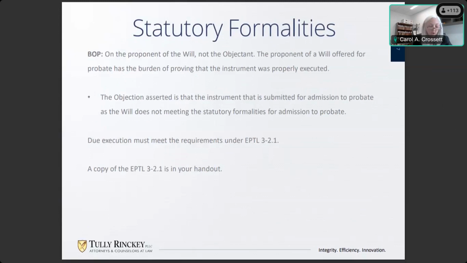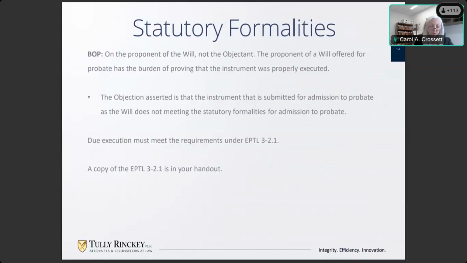Also, if the self-proving affidavit and attestation clause by the two witnesses accompanies the will, this will also give rise to a presumption that the statutory requirements have been met, because those requirements are listed in the attestation clause and the self-proving affidavit. So unless you can overcome them, that will be very difficult.